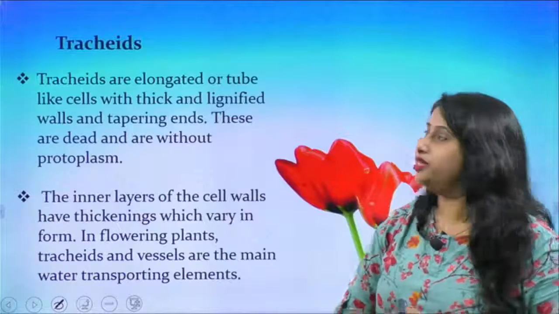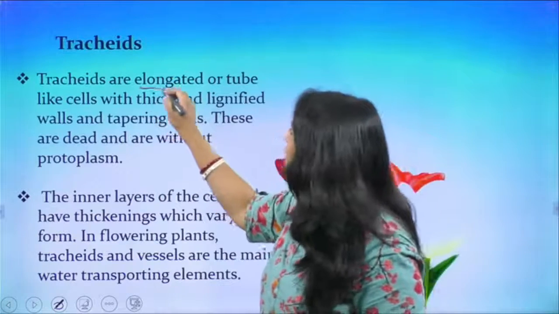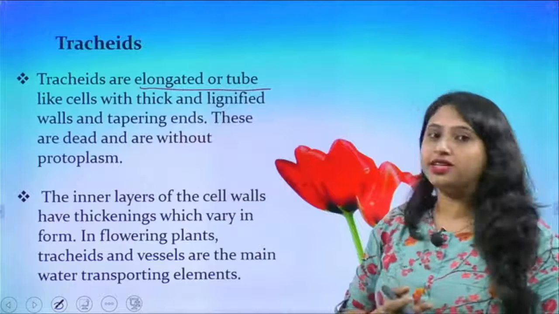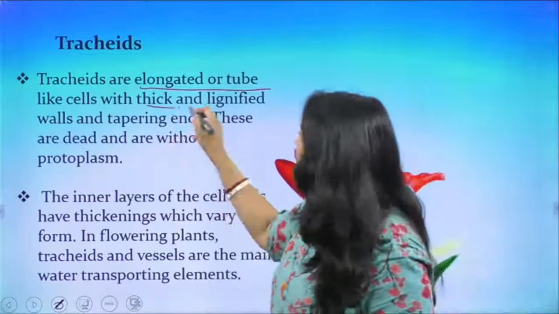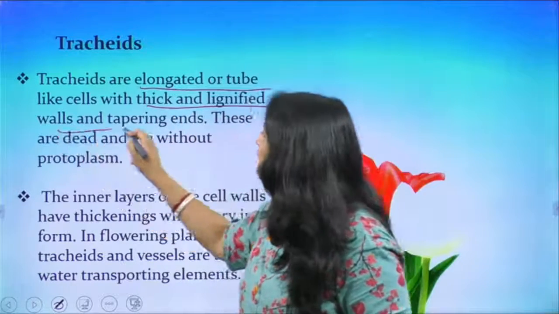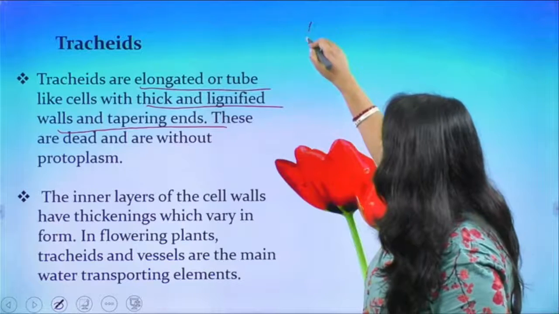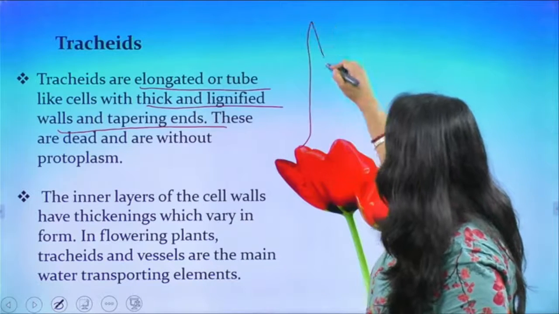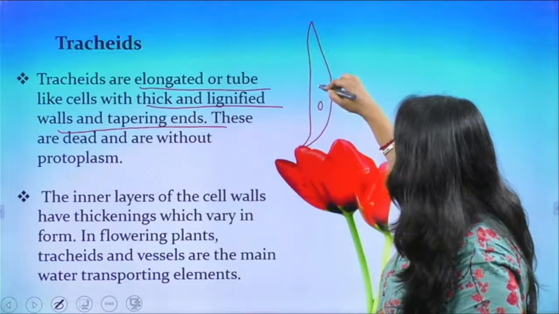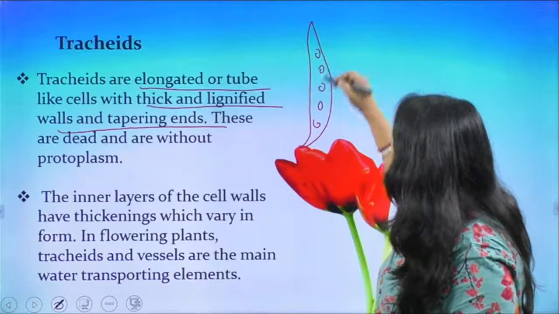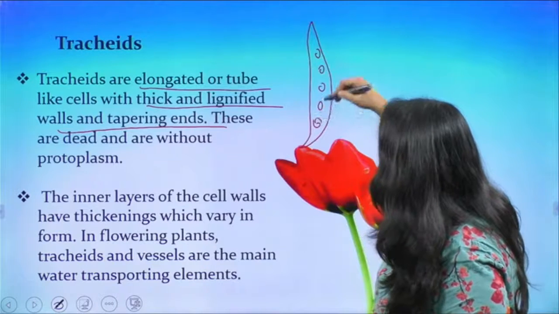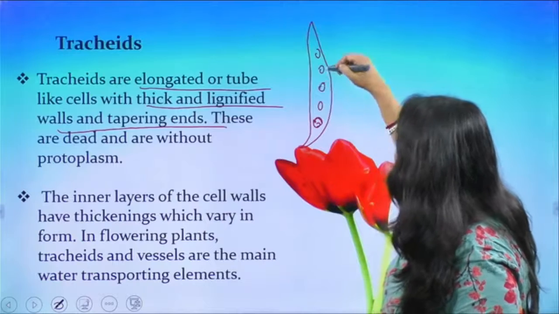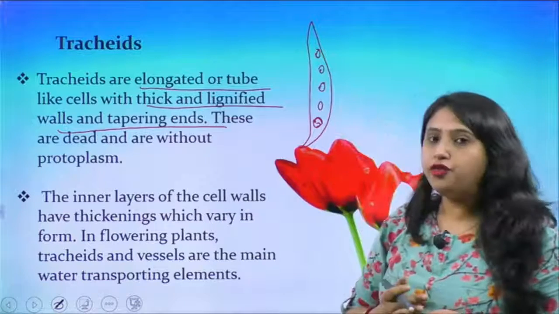So next, let us see what is this tracheid. How can you define this tracheid? These tracheids are nothing but elongated or tube-like cells with thick and lignified walls and tapering ends. How is the structure of this tracheid? It's like this, and it has pits here. It is also having your thick and lignified wall.